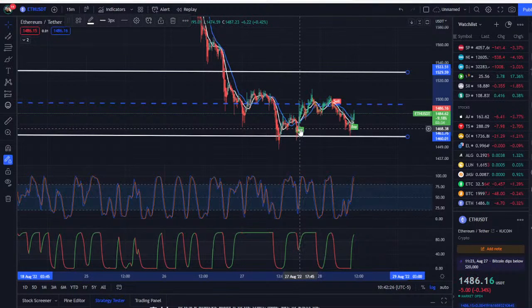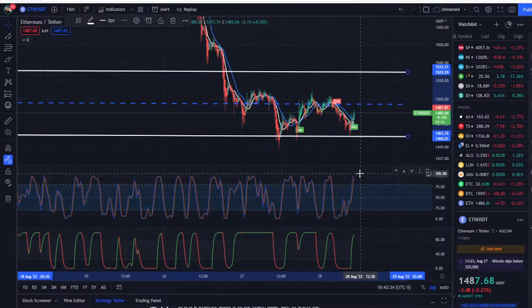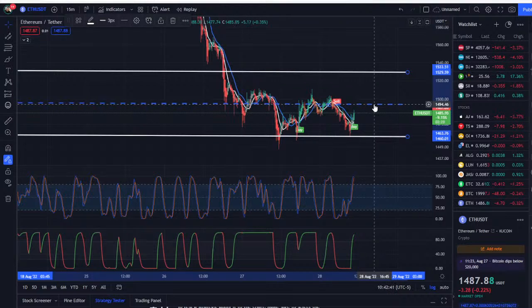As you can see, the last time that this triggered a buy at this level, the max that it actually reached was 1511. Now, we do know one thing: we are going to reach this part of this channel here. This is good odds here, so we have a 1494, and normally we get a little bit above that, so 1502.